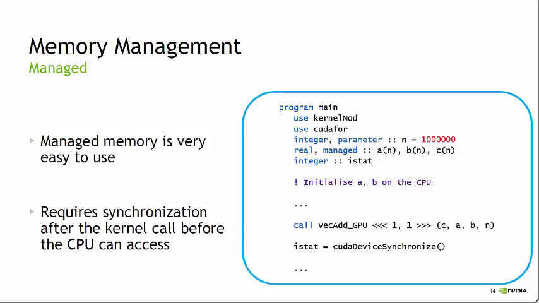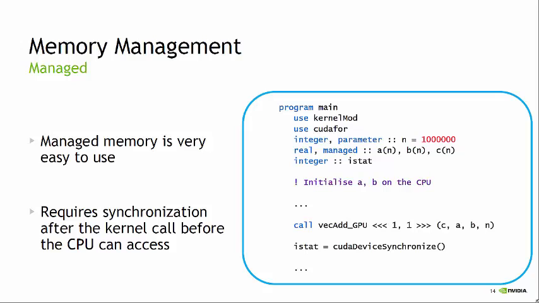For example, if you were using explicit memory copies, the memory copy would wait until the execution on the GPU had finished. It's really something that's either required when you really do know you need it, or with managed memory. In general, it's not something you need to do. It's useful for error checking. So istat will contain an error code, which may or may not be useful if you're having problems.